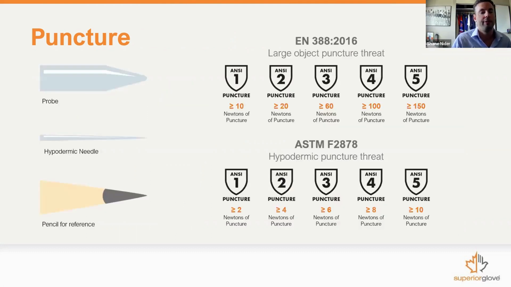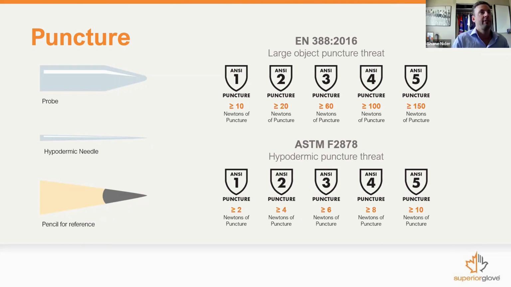The other thing to clarify here, the big takeaway for puncture, is there are 2 puncture categories under the standard. There's large object puncture threat, and there's fine object puncture threat. Just for reference on the screen, for large object puncture, there's the probe we use when we stab the gloves to test them and get that rating.